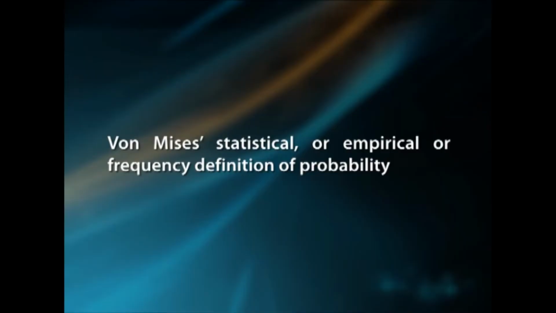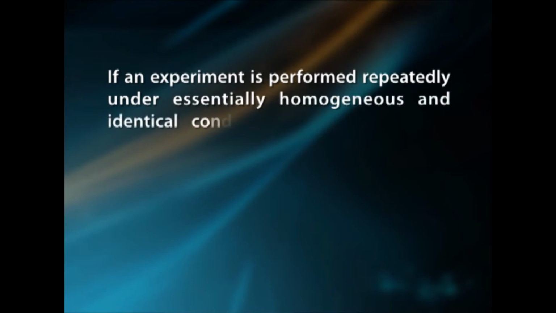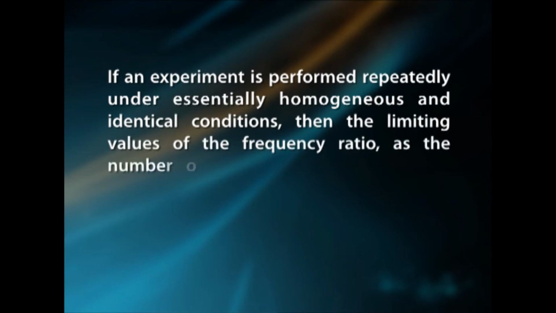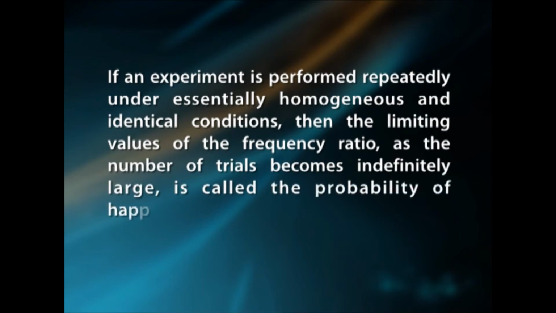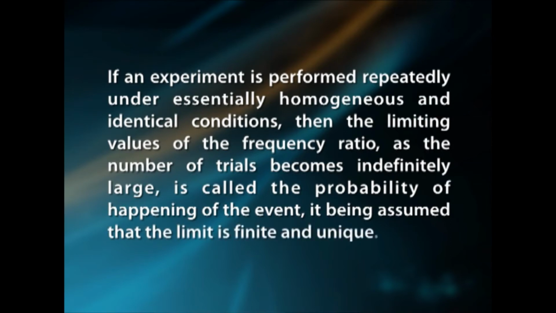A definition for probability based on the above phenomenon is known as von Mises statistical or empirical or frequency definition of probability, which is stated as: if an experiment is performed repeatedly under essentially homogeneous and identical conditions, then the limiting value of the frequency ratio as the number of trials becomes indefinitely large is called the probability of happening of the event, it being assumed that the limit is finite and unique.